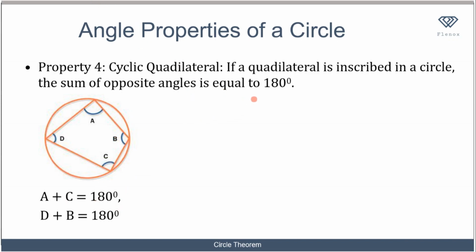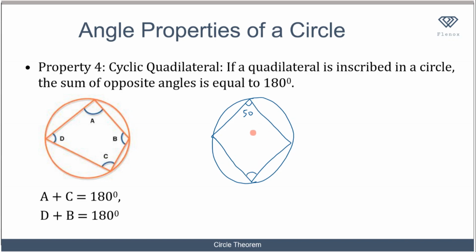So for instance, let's imagine a circle in which you have a quadrilateral in it, and you are told that this angle over here is 50 degrees, and you are told to find this angle over here. So now you know that in a cyclic quadrilateral, the sum of opposite angles are always what? Equal.